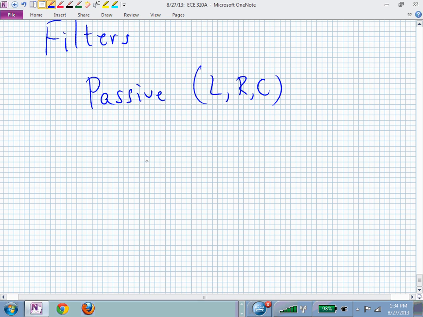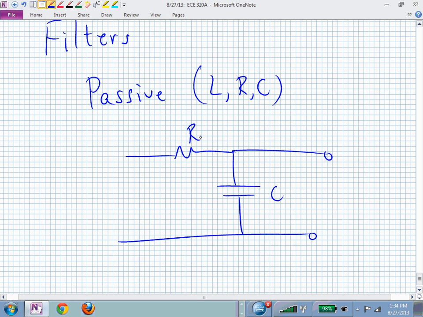Meaning, maybe what you, that's a classic low-pass filter, passive low-pass filter.